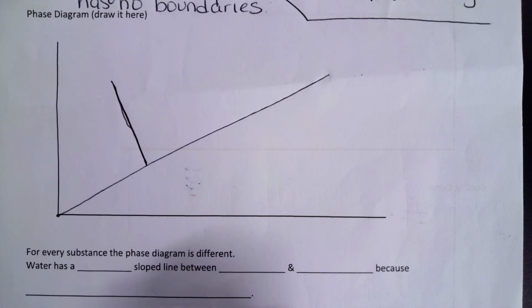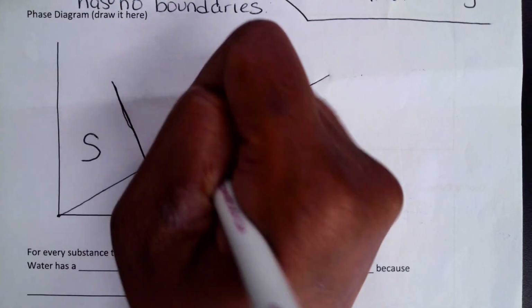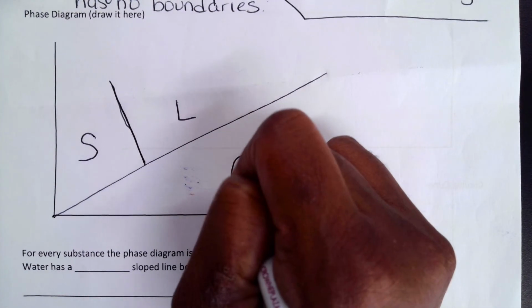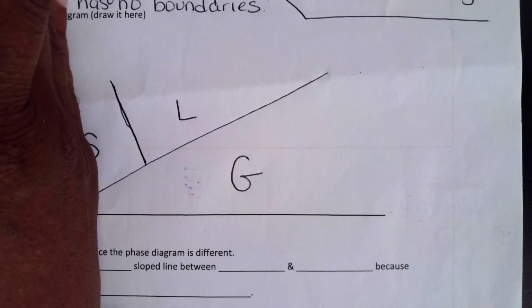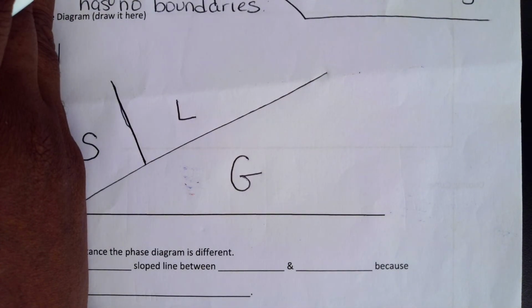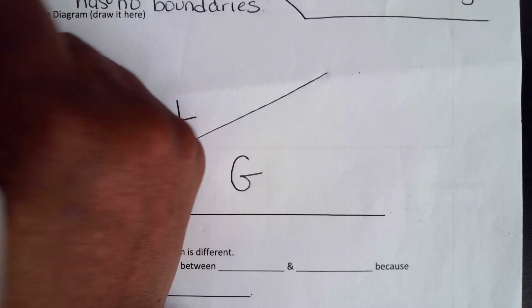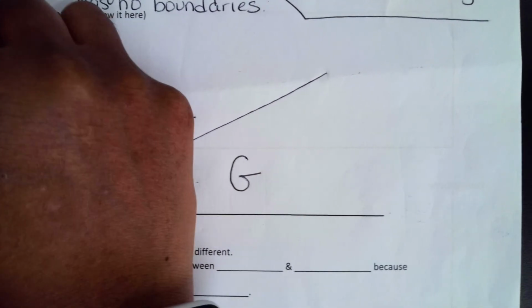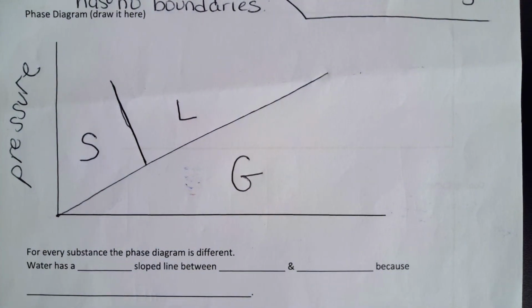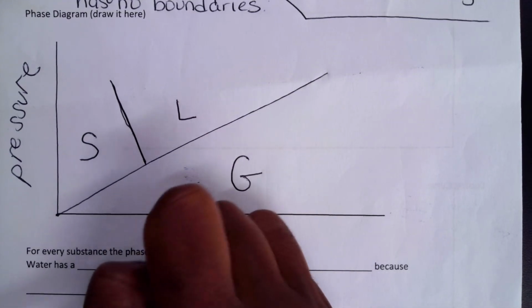So after I make my little sideways Y, now you put solid, liquid, and gas. So those are the three states of matter. For the vertical axis, that is going to be your pressure. And for the bottom, it's going to be your temperature.